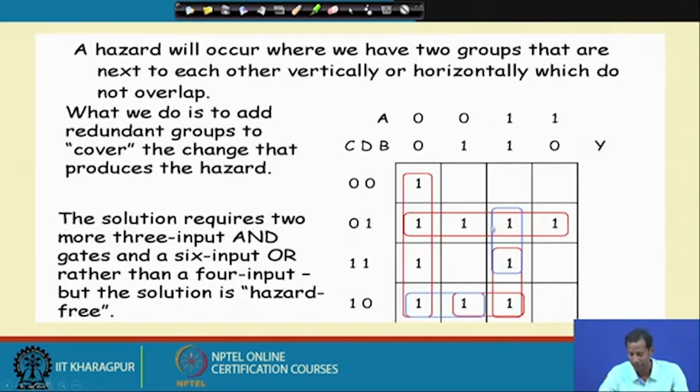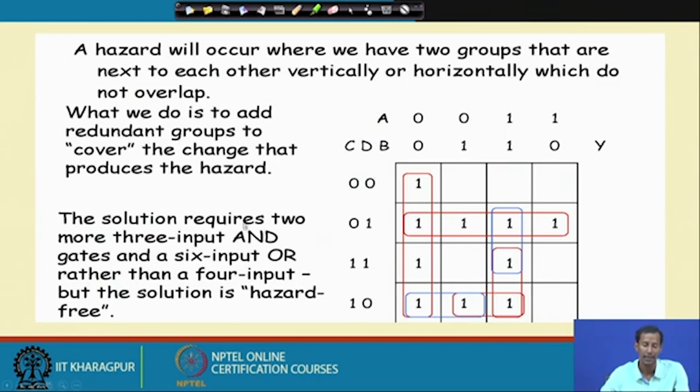But if you take another extra term, that means another extra combination, this particular glitch will be minimized. So, you can take this example, or you can calculate the corresponding expression for that, and then simulate in any simulator, and check whether you are getting any error, that means any glitch, or not.